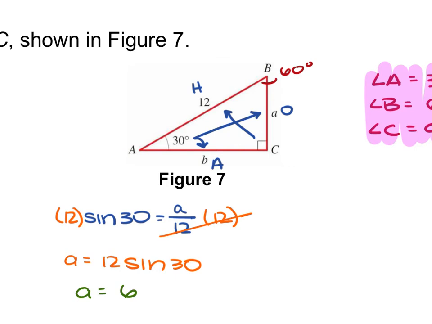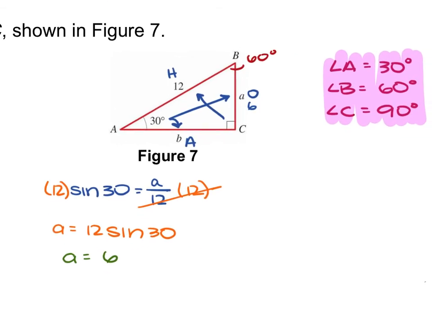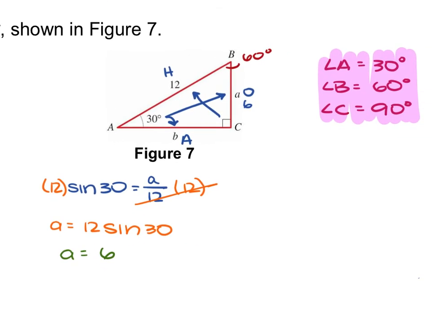From here, we still have to find side length B. If we're working with side length B, use what's given, not what we found, use what's given. B is our adjacent. The side length that was given is 12. That's our hypotenuse. Adjacent, hypotenuse, that works with cosine.